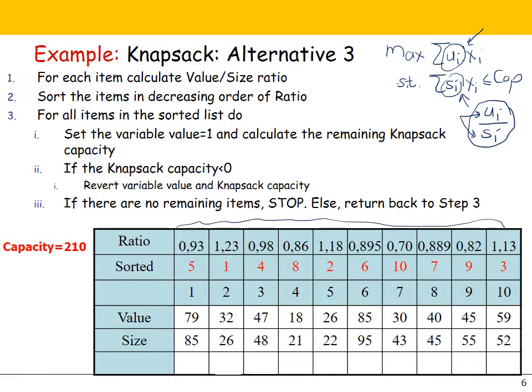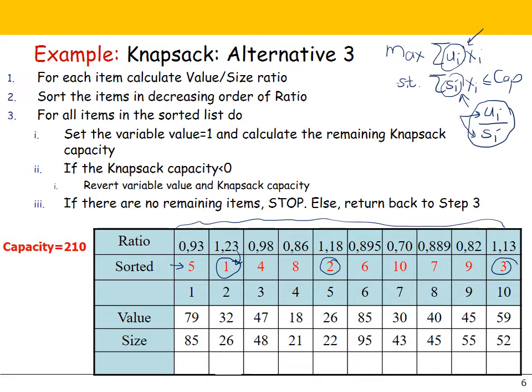Now in step 1, after calculating this, in step 2, we sort them in decreasing order of the ratio, which means that the largest ratio becomes your first item, the second largest, which is item 5, and third largest, which is item 10. So this row shows you the sorted list.